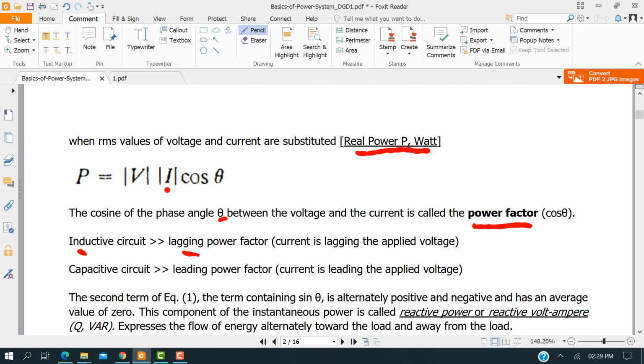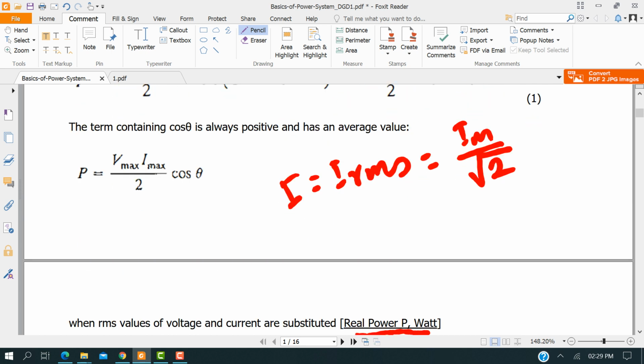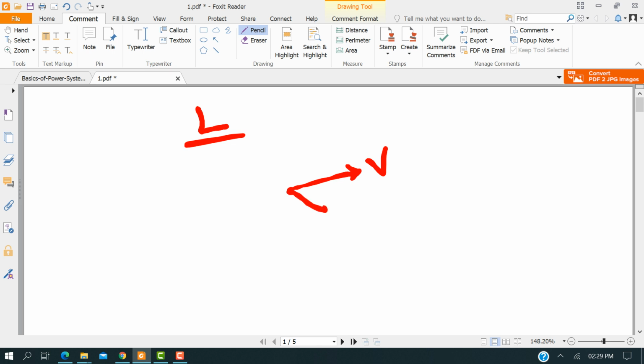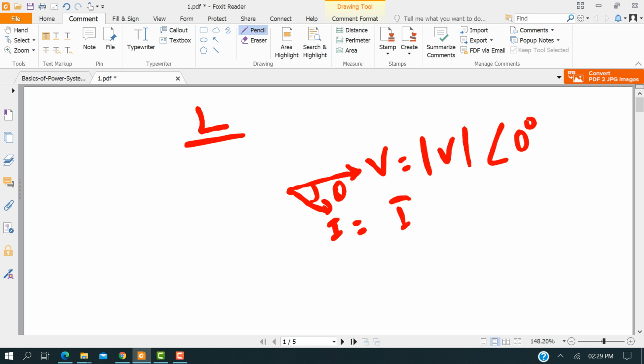So how does this happen in the power factor? Because in the inductive circuit, I will show you on another page. For an inductive circuit, if I draw the voltage as reference, and then here the current, and here is theta, in polar form the voltage is at angle 0, and here the current is at angle minus theta. So what is the difference between these angles?